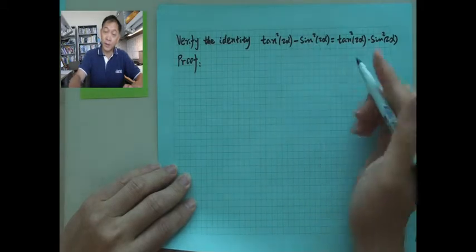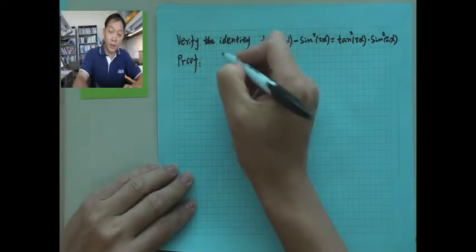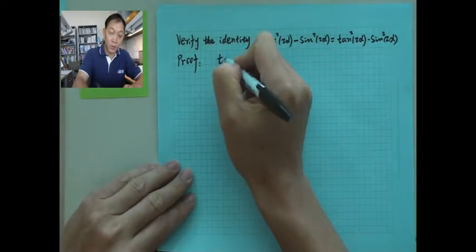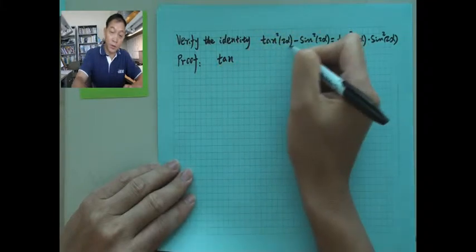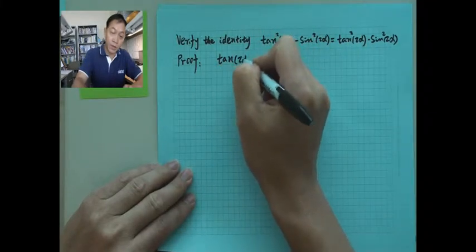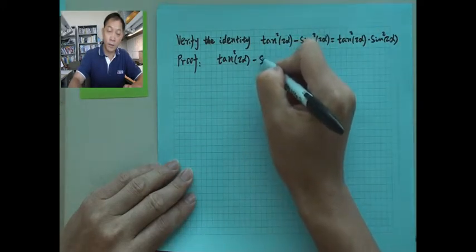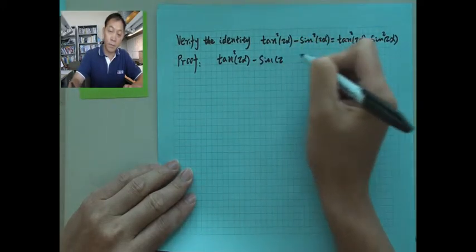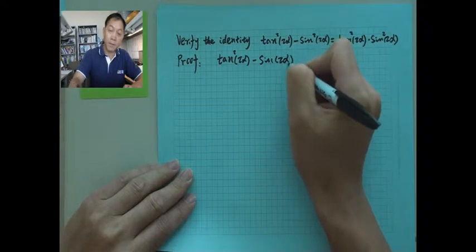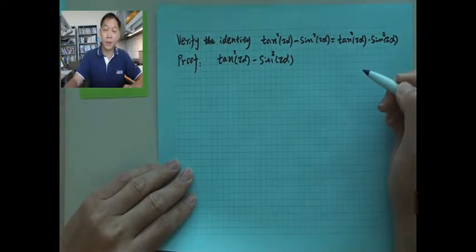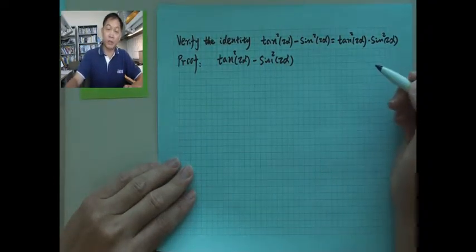How to put it together? Use the definition. So when you prove this, you first want to copy it. Copy the left-hand side. Okay? Copy it. And then you go by definition.